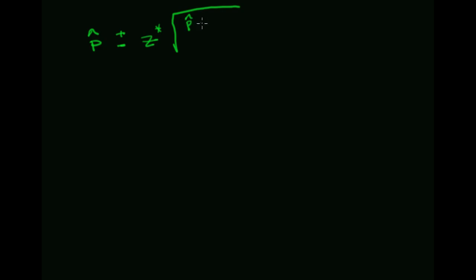Assuming that the sample proportion is pretty close to the actual proportion, we're going to use the sample proportion as our stand-in for the p in the standard deviation formula for the population. This is my formula for the confidence interval, so you're going to get two numbers: this minus this, and then this plus this.